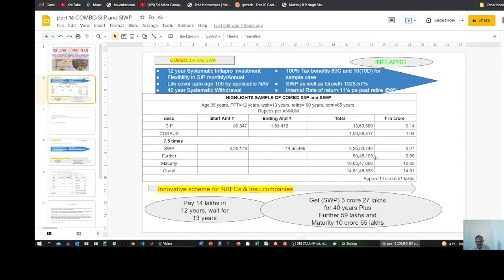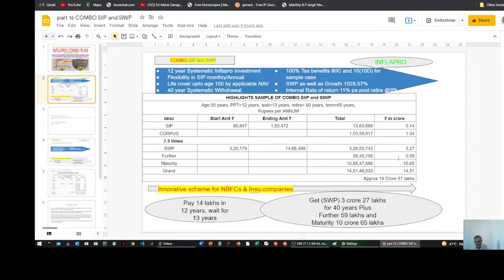Now, the withdrawal plan was from 3.20 lakh, corresponding to 6,500 rupees of the current value. This 3.2 lakh is per annum and goes up to 14 lakh 65,000 at the age of 100, and this gave a total of 3 crore 27 lakhs.